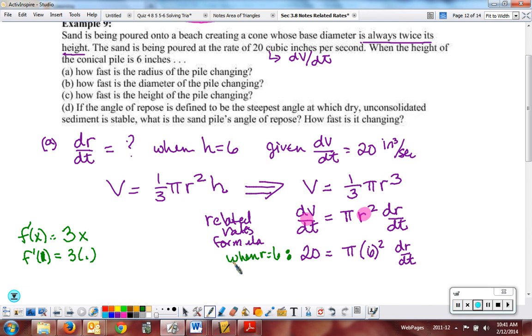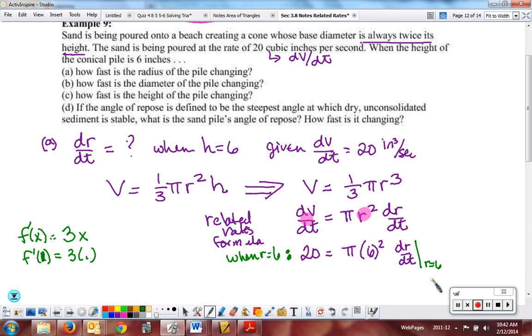So a lot of times you either need to save this. If it's nicely already solved for dr/dt, you could go over here and use the little line. You remember the little line notation we were using? r equal to 6, like that. So that there's some indication that I'm finding this when r is 6.